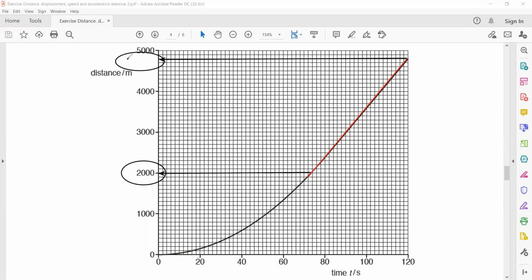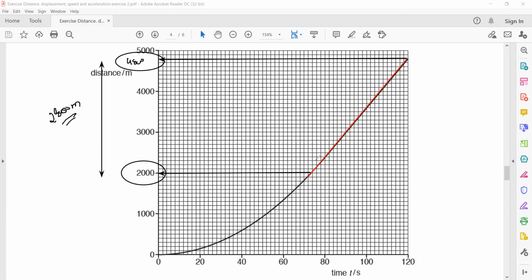So what is the distance travelled? Because in a constant region, with a constant speed, it travels from 2000 to 4800. So what is the distance travelled in this region? It covered 2800 meters.